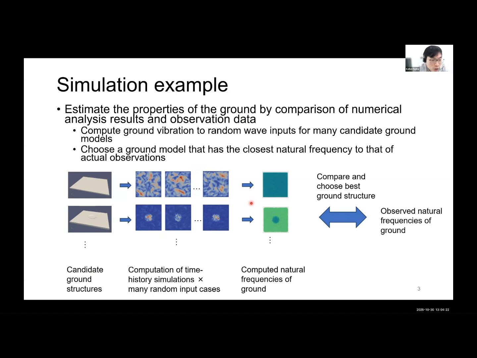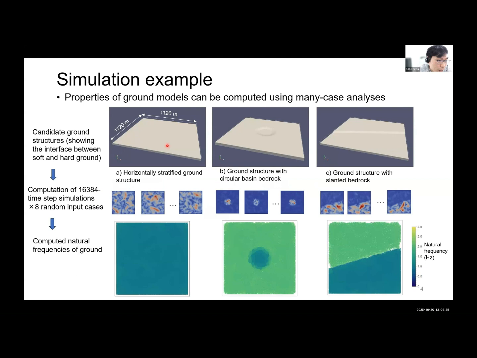In this kind of simulation, for many ground structures, we need to do many simulations, and this requires a lot of computation. So this is one example. We have a ground structure with two layers.